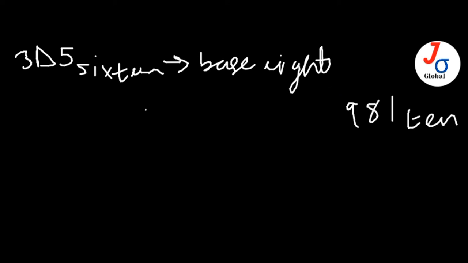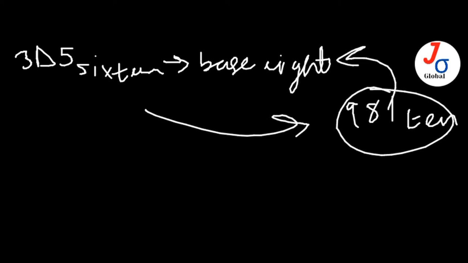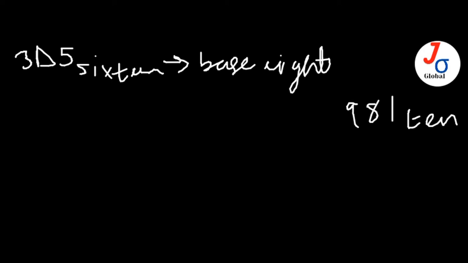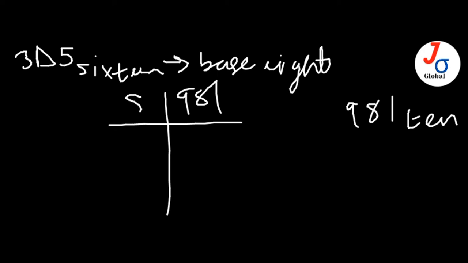So since we have that converted to base 10, we're going to convert this now to base 8. Okay, good. So now do that by long division. 981 to base 8.